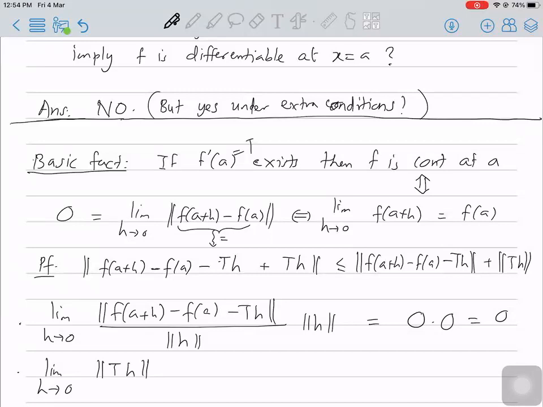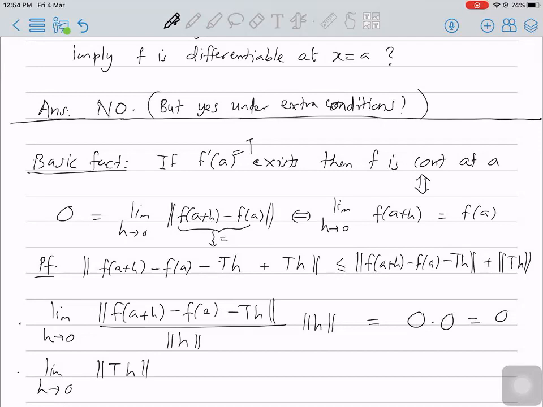So that is the point, right? T is a linear map, and linear maps are continuous. This is one of the very basic things that we saw. So if x goes to a, then T of x will go to T of a. But here h is going to 0, so T h will go to T of 0.